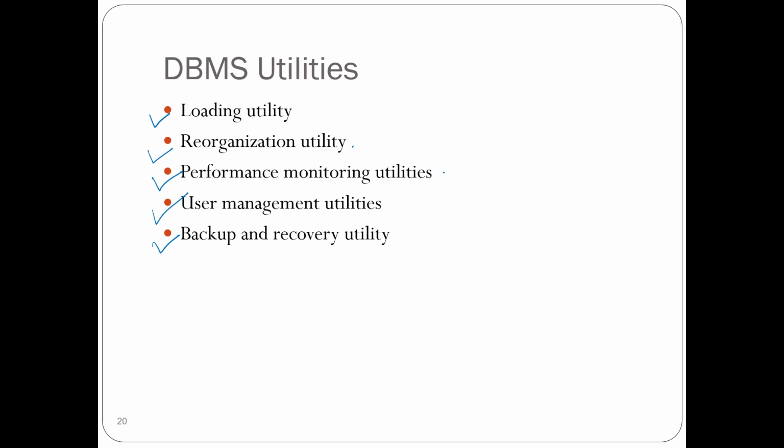So these are the three KPIs, key performance indicators: the response time, the throughput, and the storage usage. User management utilities allow you to create users and user groups, and to give them privileges, like read, write, and read-write. Backup and recovery utilities are also self-explanatory.